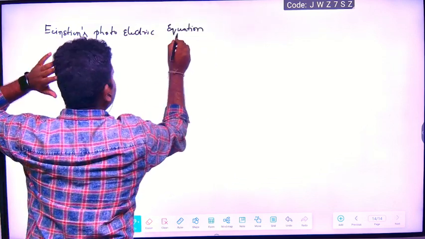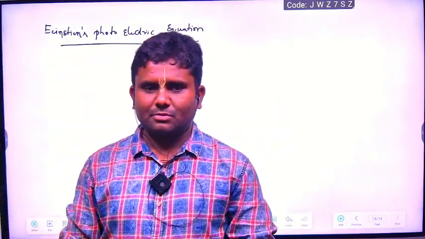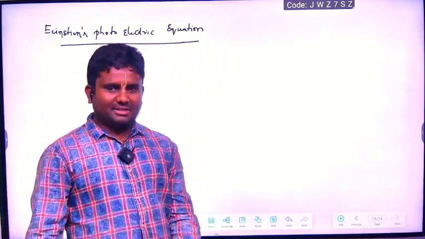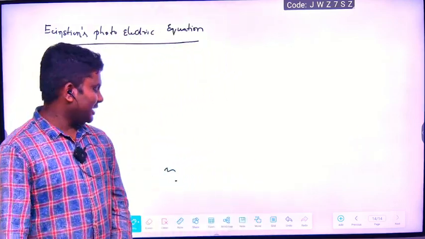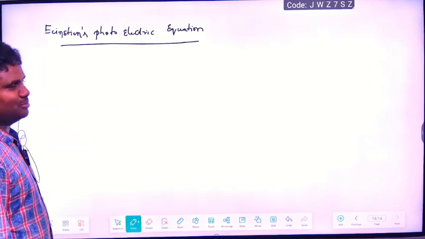Then we will write Einstein's observations. He also analyzed the experiment and gave a beautiful explanation, for which he got a Nobel Prize. Understood? So now let us start with what Einstein assumed.